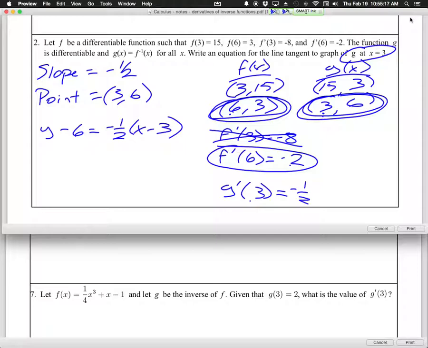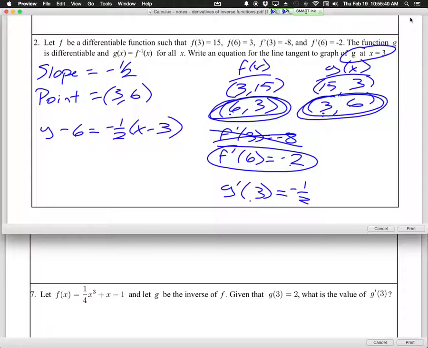So when you're doing these inverse problems, what's the most important thing? Kind of two things you want to keep straight. You need the ordered pairs, and you always plug in your x into the derivative of whatever function you're dealing with. If I'm dealing with f prime, I want to plug in an x value that belongs to f.